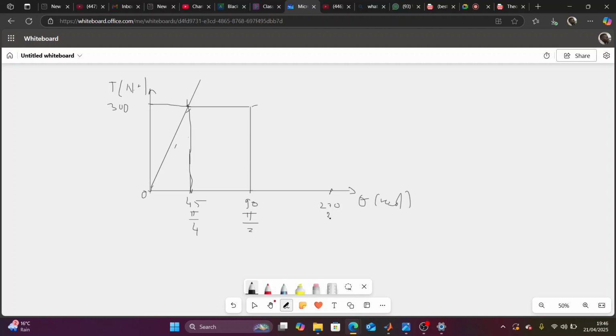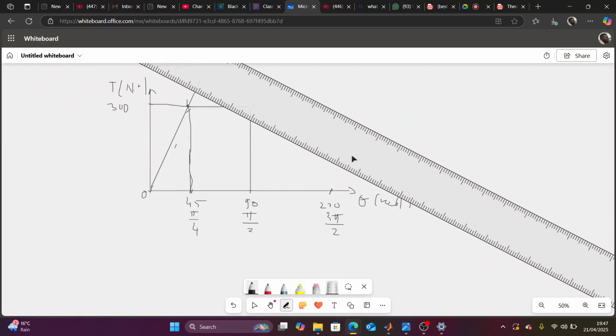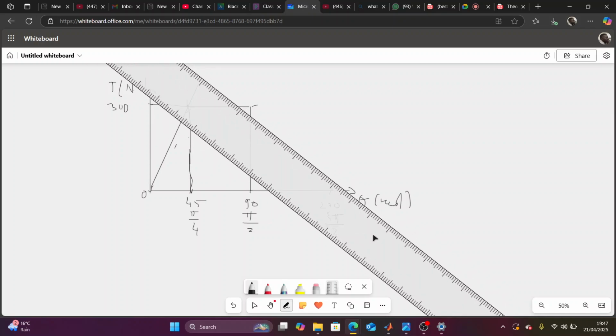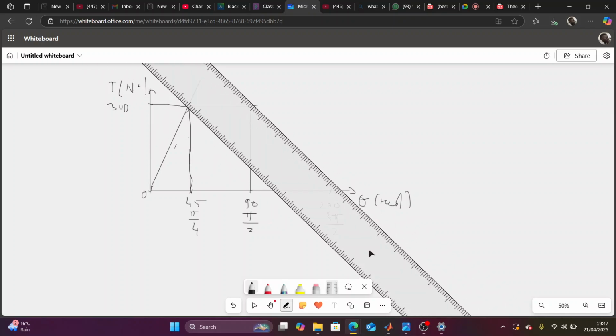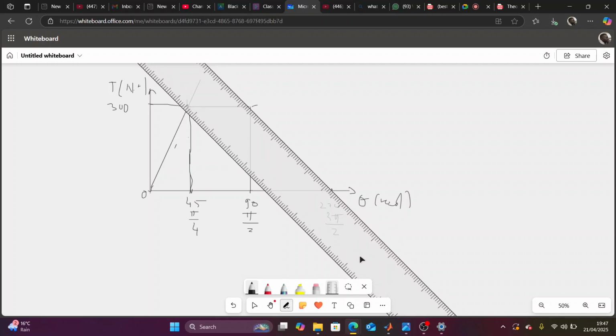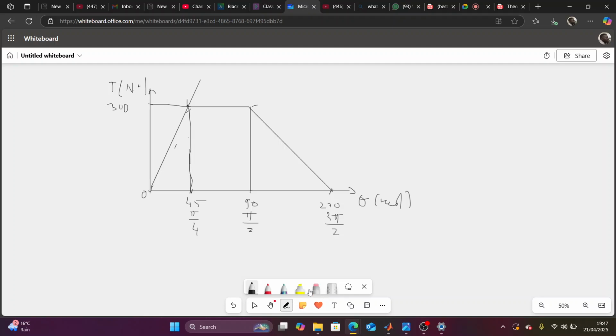So 270 is 3 pi over 2. Now you can take the line and join this point to 270 here. Let me just do something like this that makes sense. Okay, do you see it?